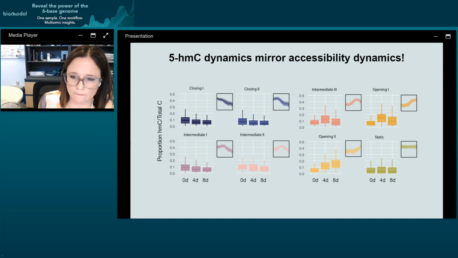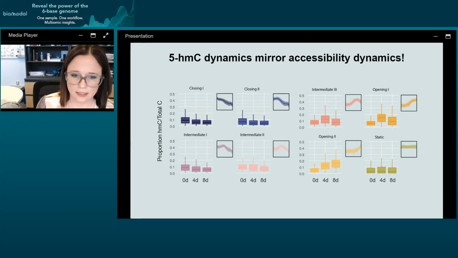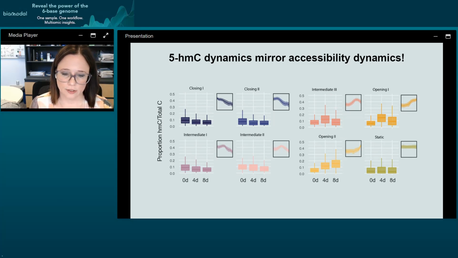And taking this into a bit more detail, I told you that we defined these different accessibility behaviors, and we clustered all of these regions into different groups according to their temporal behavior. So one question we had is, from the 6-base data, if we only look at hydroxymethylation within these different clusters of regions, what do the dynamics look like?